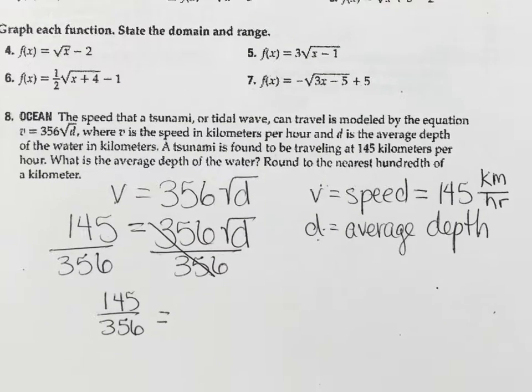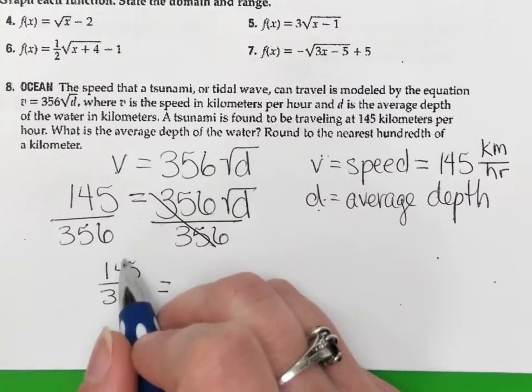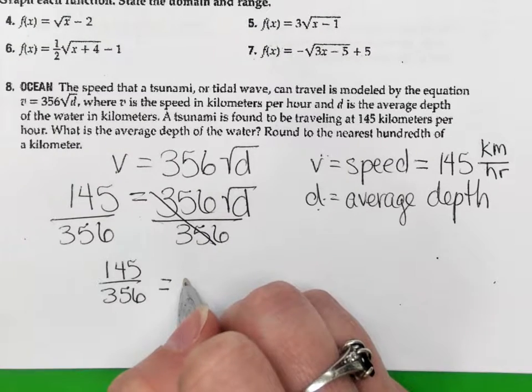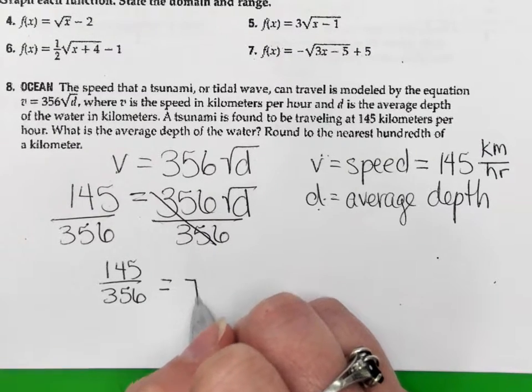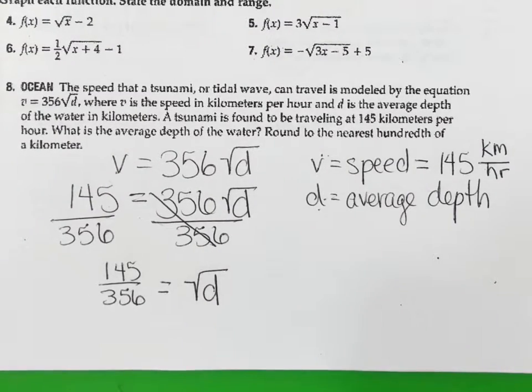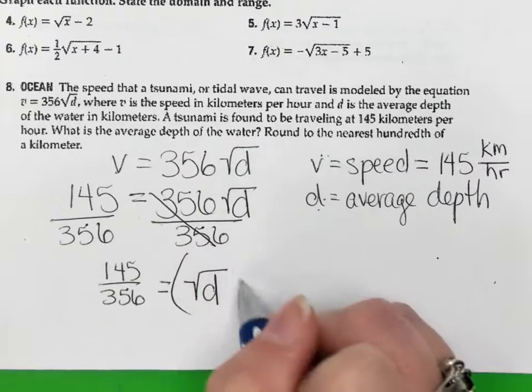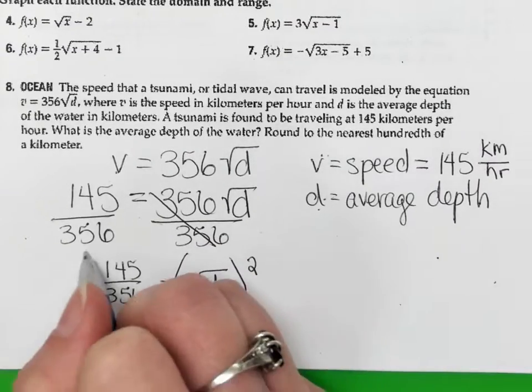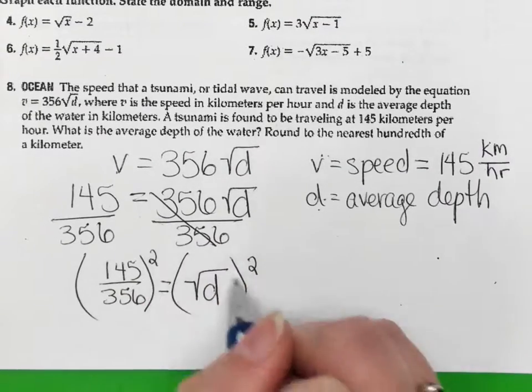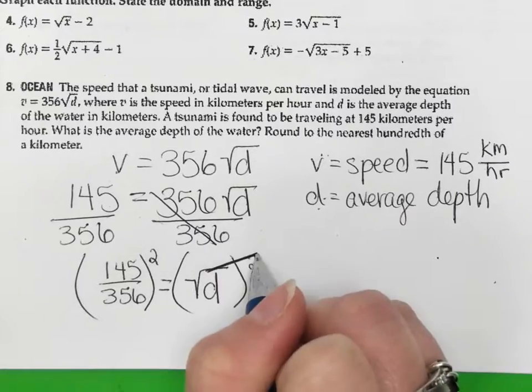So, here we go. What does 145 over 356 equal? Square root of D. There you go. And that is not my answer yet. How do I get D by itself? You square. It's already square rooted, so you square both sides. D's cancel out.